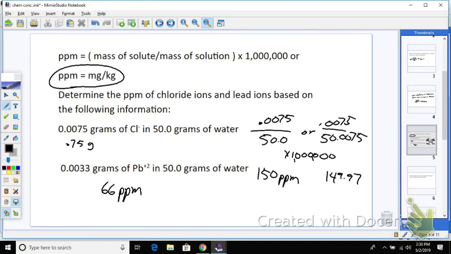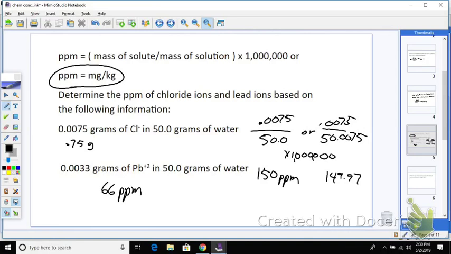Now, let me ask you a question. If we're saying something has 66 parts per million of a sodium ion, and you drink it, do you think it'd be harmful to you? When I say sodium ion, it's like sodium chloride, like two or three speckles of salt dissolved in water. Will you taste it?